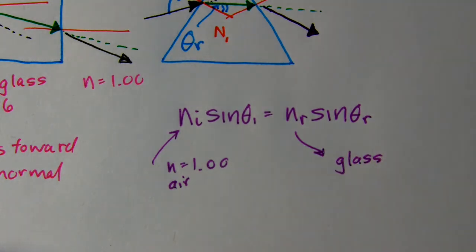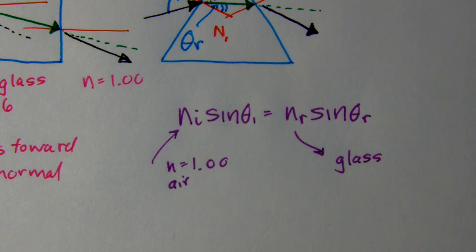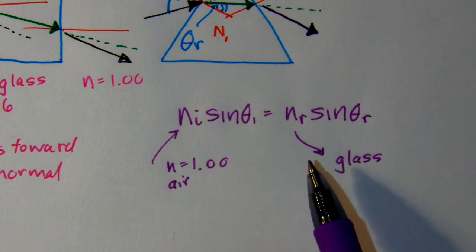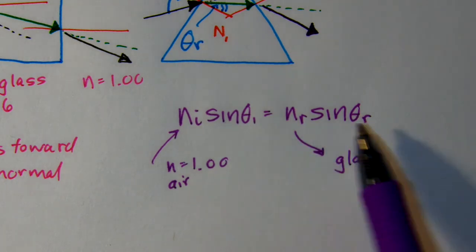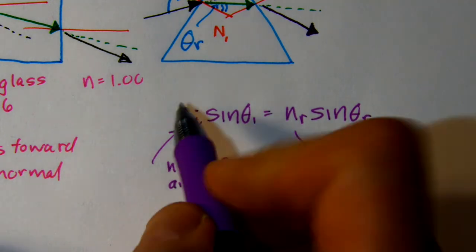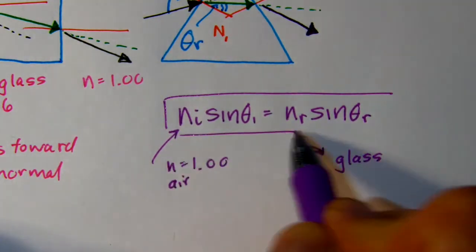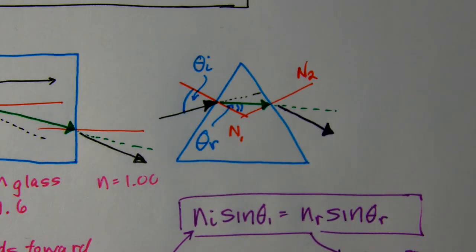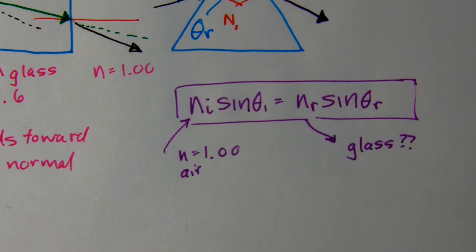We said flint glass, which may or may not be 1.6, but maybe we don't know the refracted angle, for example. So as long as we have this equation, let's say we don't know that this is going to be glass. Like, we're not sure. And that's what you do in lab, is you run these trials, and then you say, well, based on the index of refraction, it's not glass, it's plastic.